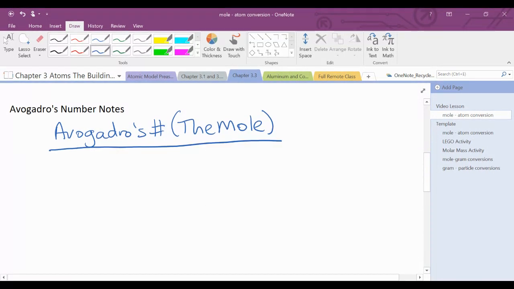Avogadro is a scientist who developed the mole definition.